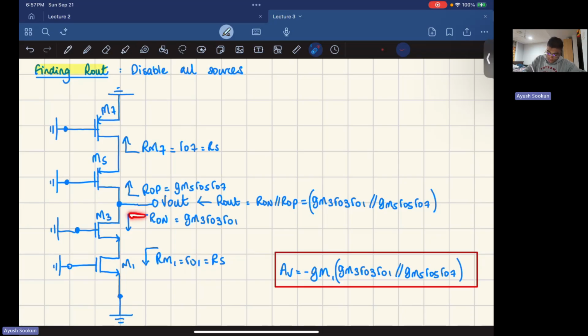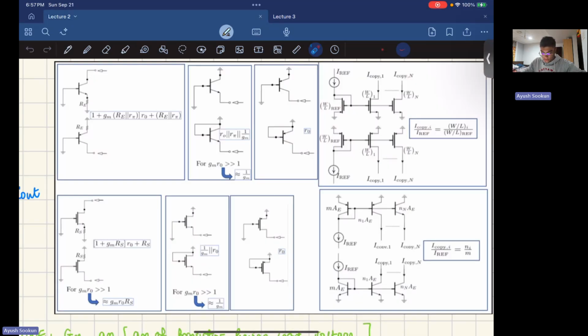Now, similarly, we have a MOSFET that's connected here to RS, where RS in this case is ro1. So I'm looking at the drain with the source connected to a resistor. So this is the situation. I've got the drain, and RS is ro1 in our case. So we can use this equation. These equations are equivalent for the PMOS and the NMOS, which sometimes happens.